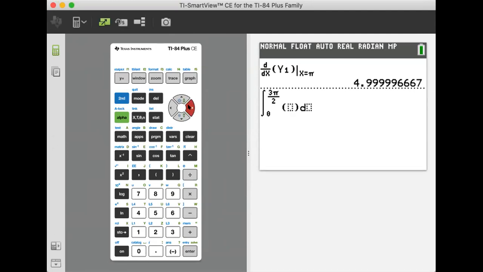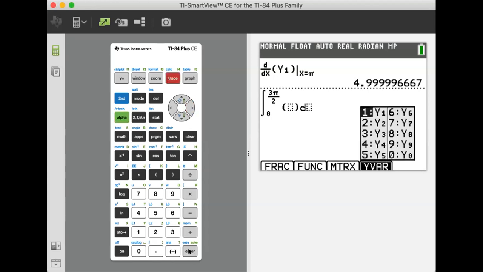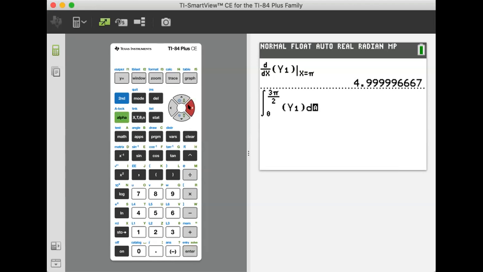It's already in there. So look, alpha F4 Y1 with respect to X. And I hit enter, and you should get 2.5. This is the displacement, correct. It does, and I will explain why in just a second.